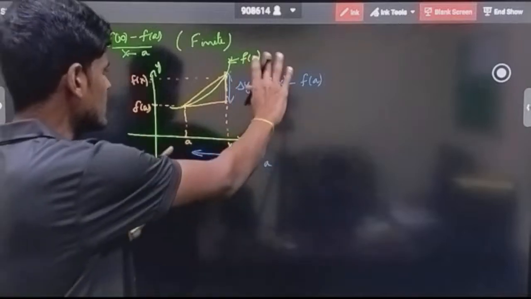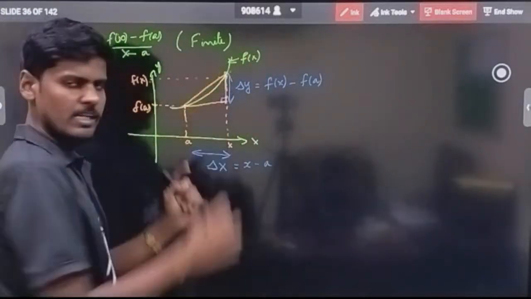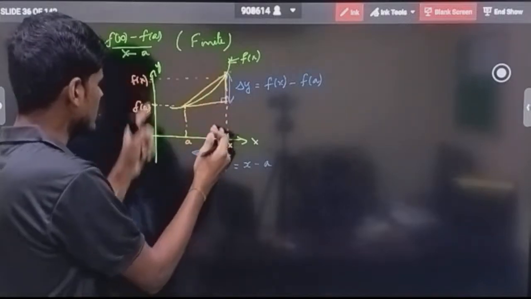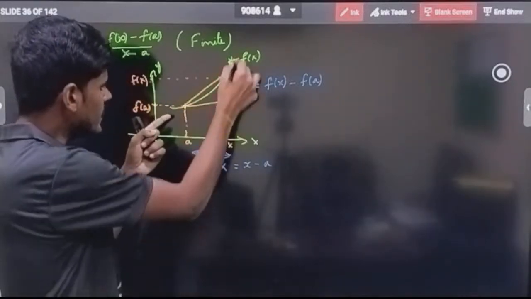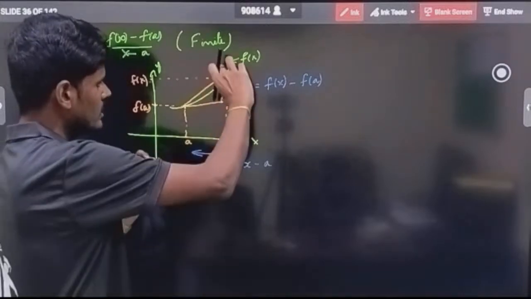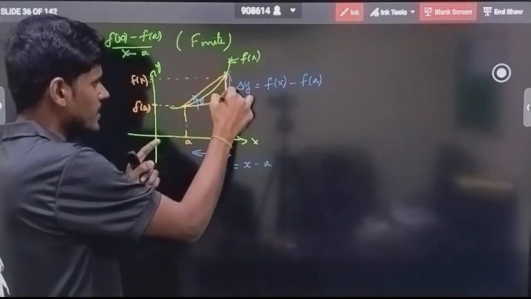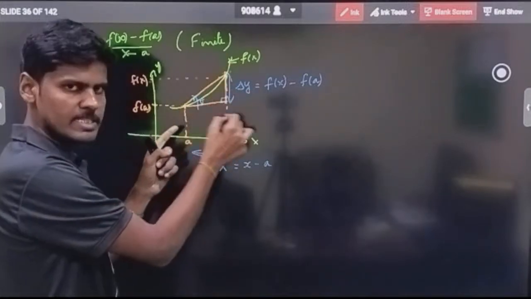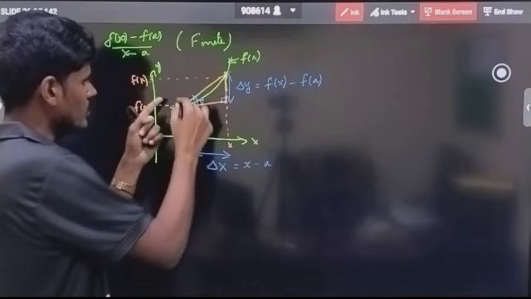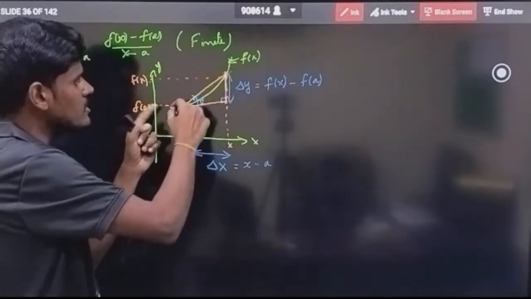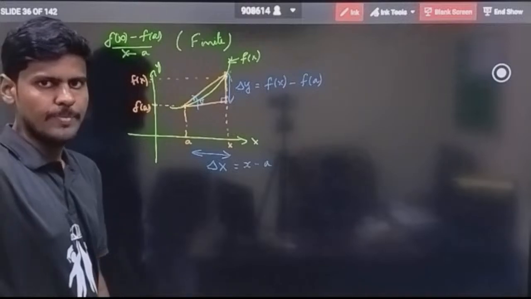This is a right angle triangle, because this line is parallel to the y axis. Let this angle be theta. Then this is the perpendicular side and this is the adjacent side. Opposite side by adjacent side is given by tan theta. So this actually represents the slope of the line connecting the 2 points.